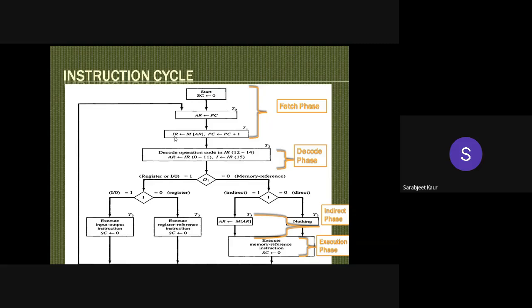Please see, before I go on to the next time signal, I'm doing another operation here, and that is incrementing my program counter side by side. Now why is this necessary? By definition, the program counter at all times must contain the address of the next instruction to be executed.